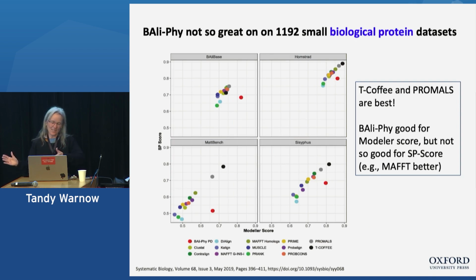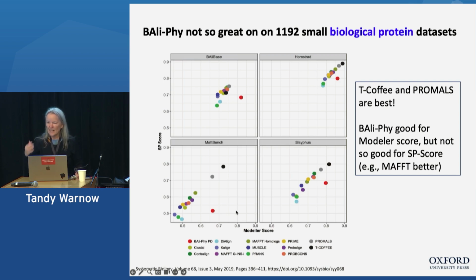Biological data sets changes. So sorry to say we swapped the precision recall, but nevertheless, 4 different collections of benchmark data sets. This is Bellabase, Humstrat, Sisyphus, and MatBench. Here's Bellify, here's Bellify, here's Bellify, here's Bellify. So what is Bellify good for? It tends to be good for the modeler score.